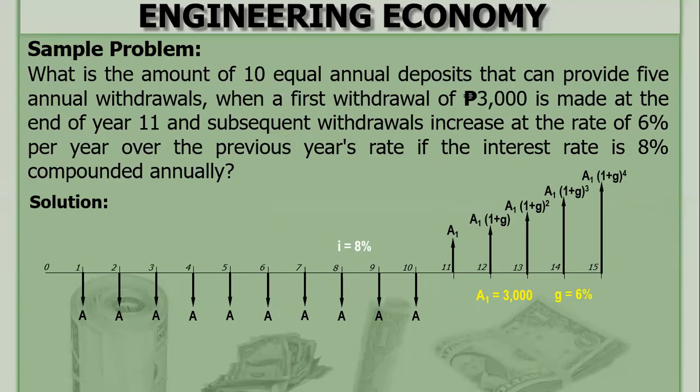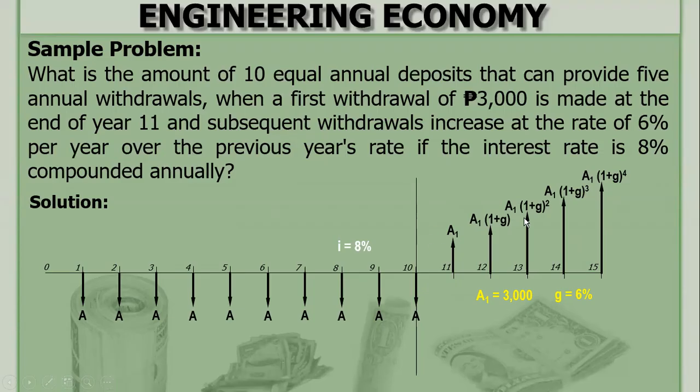This is where your knowledge about equation of value comes in. Instead of basing on P, you convert this one to P, and also convert A to P, then equate them. Because in the formula for the geometric gradient series, the P is based one period before the first payment. So the first payment is at 11, so the reference is 10.